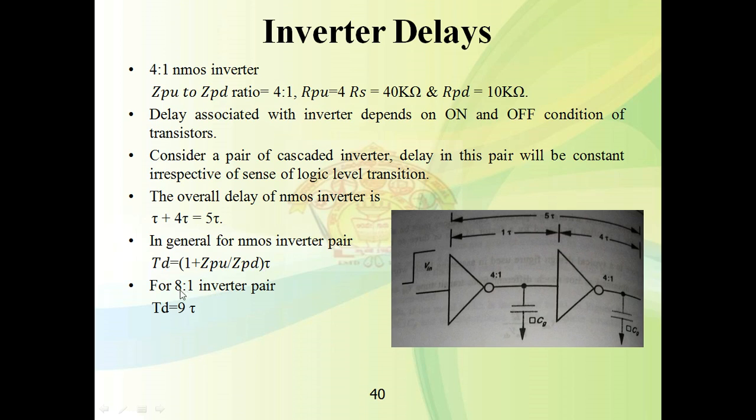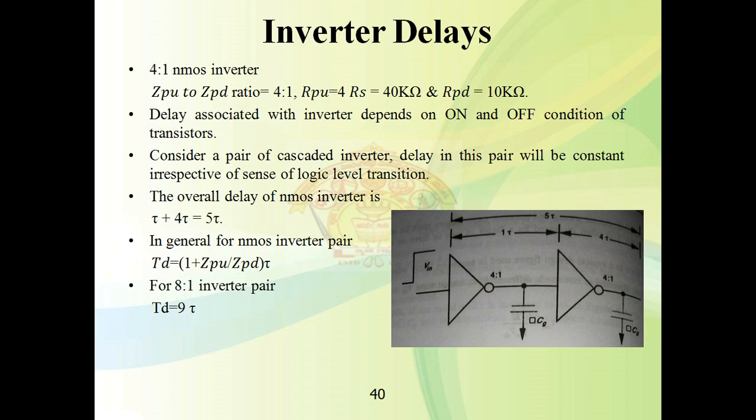Likewise, suppose the Z pull up to pull down ratio is 8:1, so 1 plus 8, that is equal to 9 tau will be the delay for 8:1 inverter pair. In this way we can calculate inverter delay in case of nmos inverter.